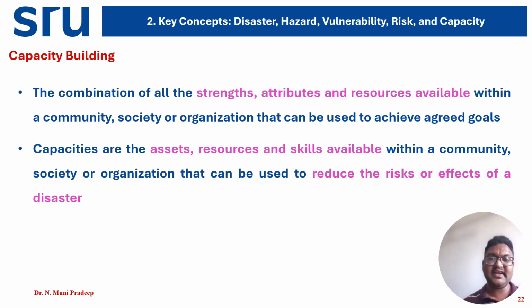So we conduct evacuation drills and build cyclone shelters. There may be cyclone shelters, but the local people don't even know how to reach them. When we strengthen these things, only then are we strengthening the capacity. That is called building capacity. I hope you understand.